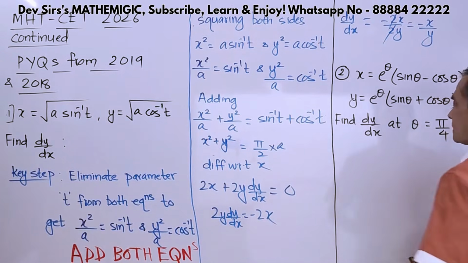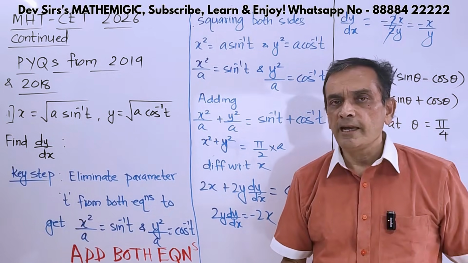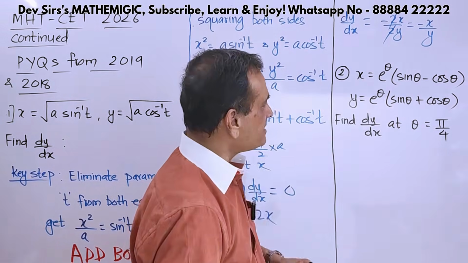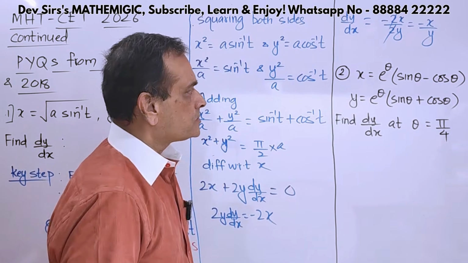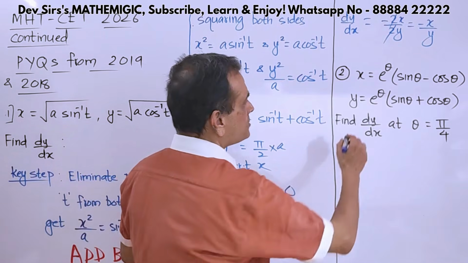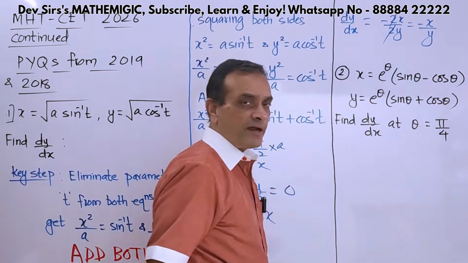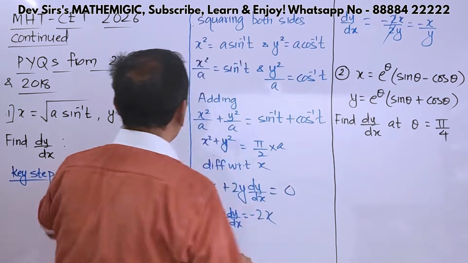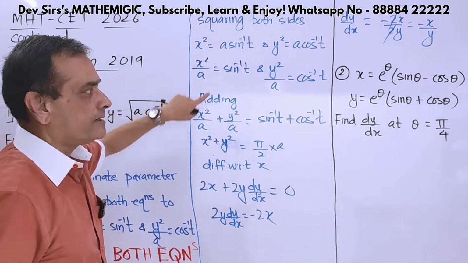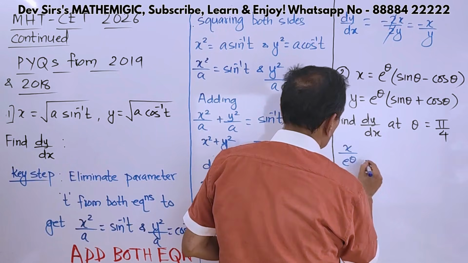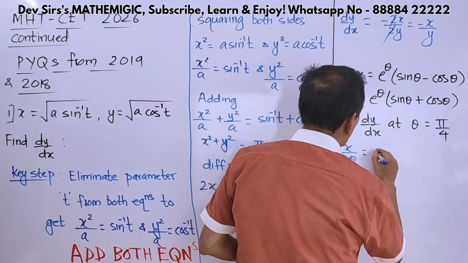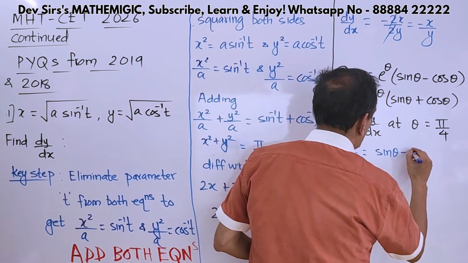Now let me try to eliminate theta. Theta is the parameter here. So how do I do it? Here there is no root sign. So if I try to eliminate like the earlier case, where I had taken x squared upon a, supposing I take x upon e raised to theta is equal to sin theta minus cos theta.